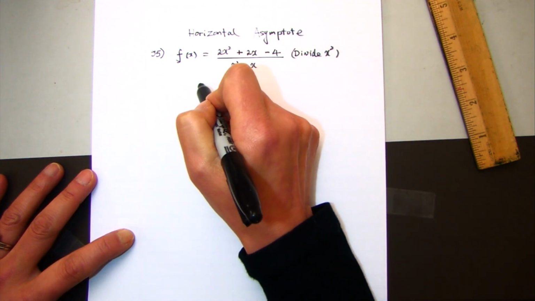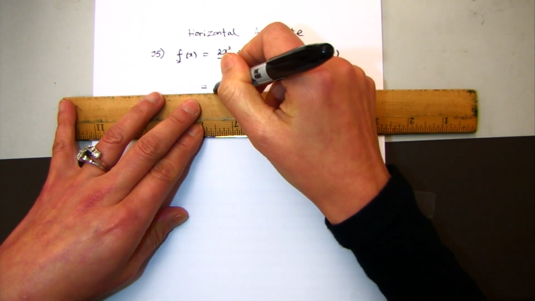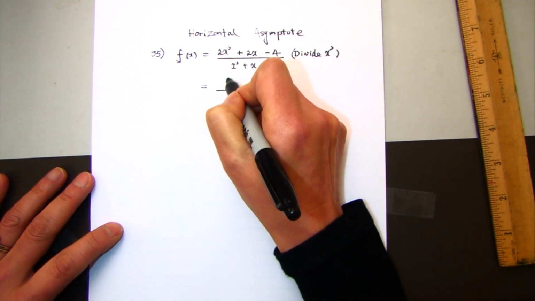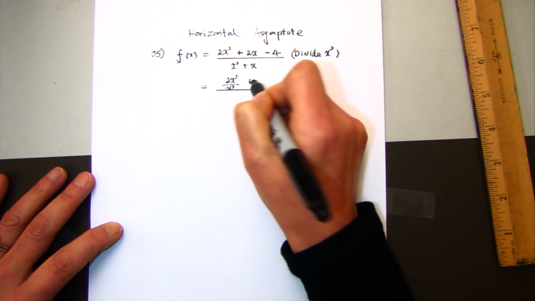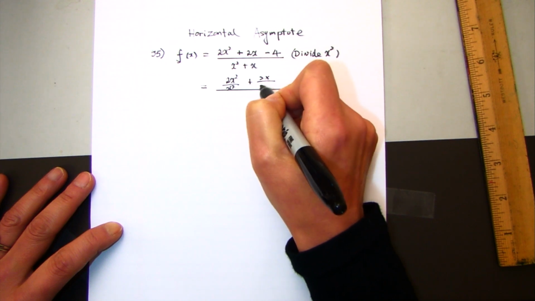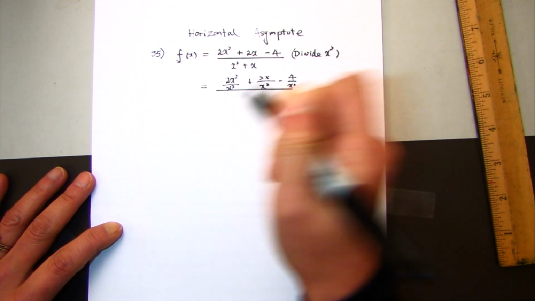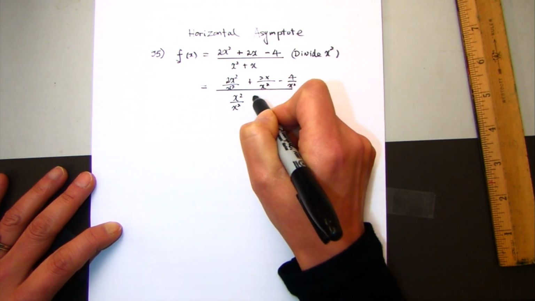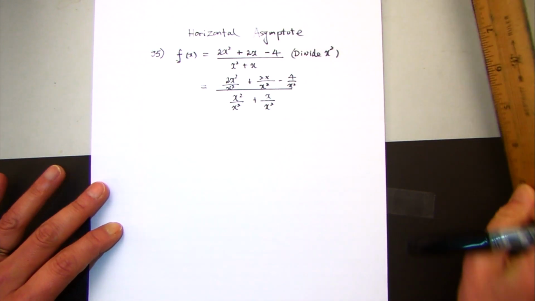I'm going to keep my fraction bar. I will write all the details out so later when you review it'll be easier. So first term divided by x squared. Just do it. We clean it up.